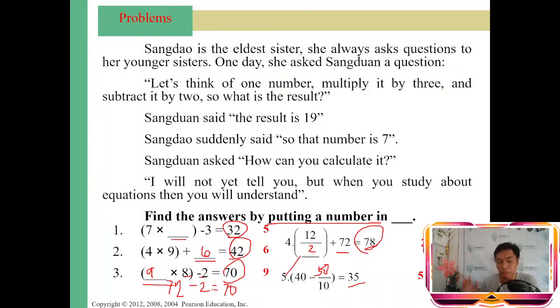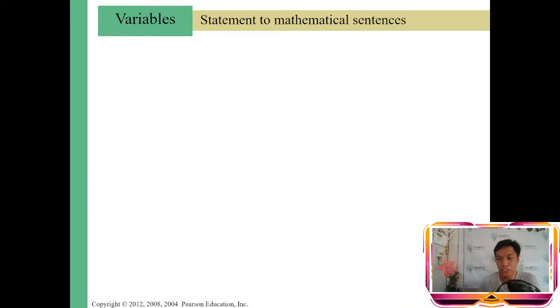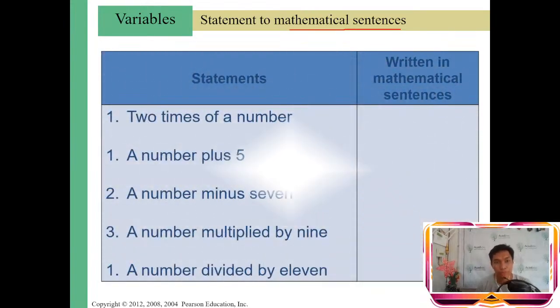So how do we find the number to make it equal? Let's look at the statement. How do we write mathematical sentences? The statement says 2 times of a number. Times means multiplication, 2 is two, and a number is the unknown, x.